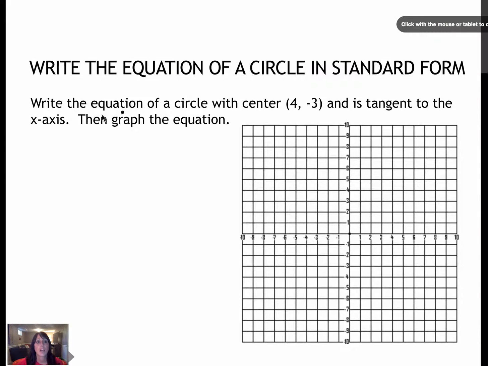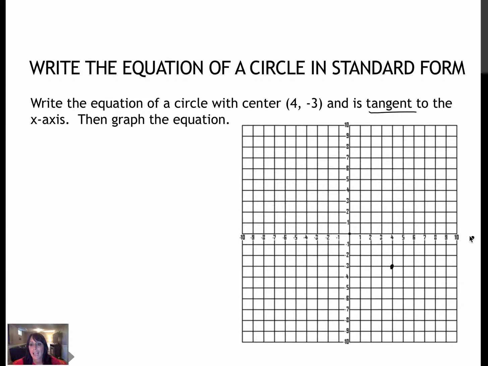Let's try another. Write the equation of a circle with center (4, −3), right here, and it's tangent to the x-axis. So tangent may be a new word for us. Tangent, of course, means that the curve is going to go and touch the x-axis and then turn around. So it's just barely grazing the x-axis.